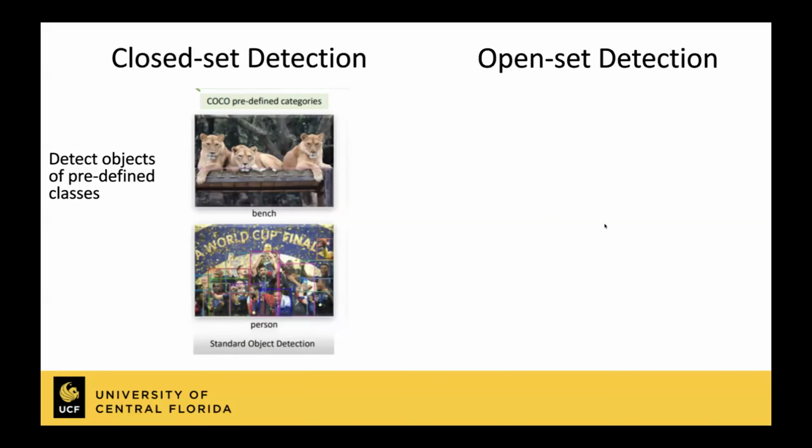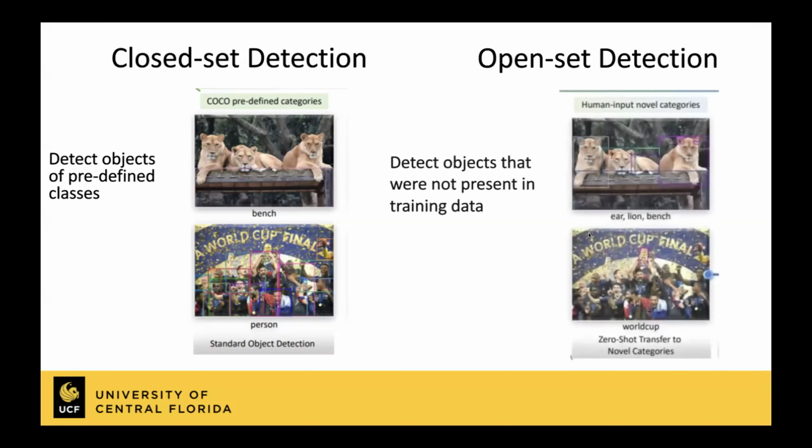Now, if we move to open set detection, which detects objects that were not present in the training data. Using the same example from previously, a human can now input categories that, again, were not present in the training data.